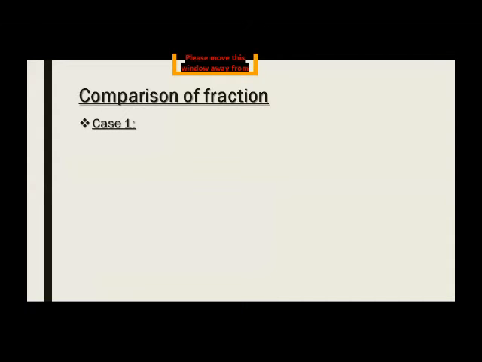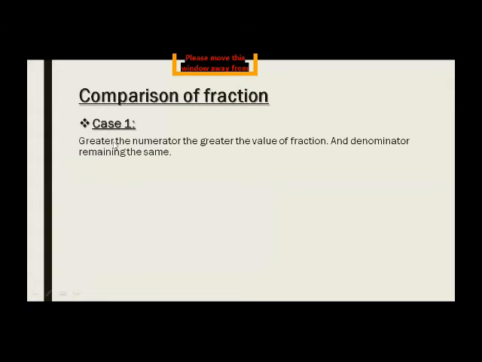Now, move towards the next topic, that is comparison of fractions. Case number 1: the greater the numerator, the greater the value of the fraction, when the denominator remains the same.